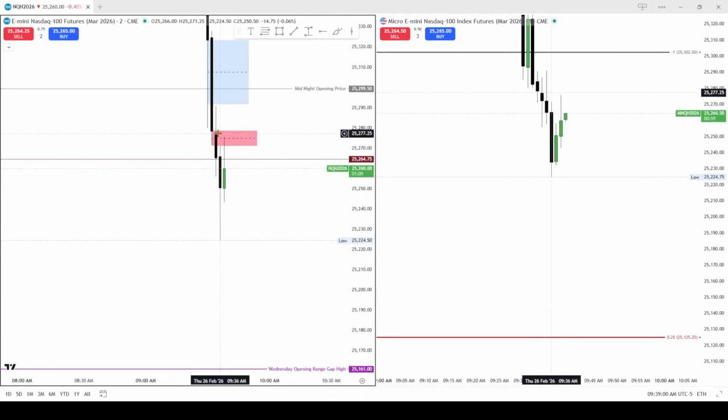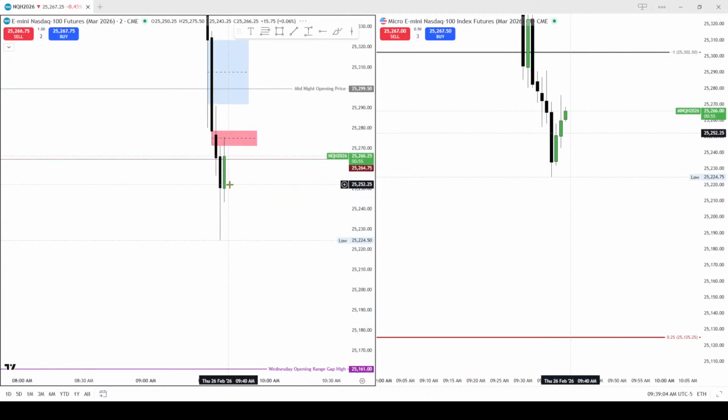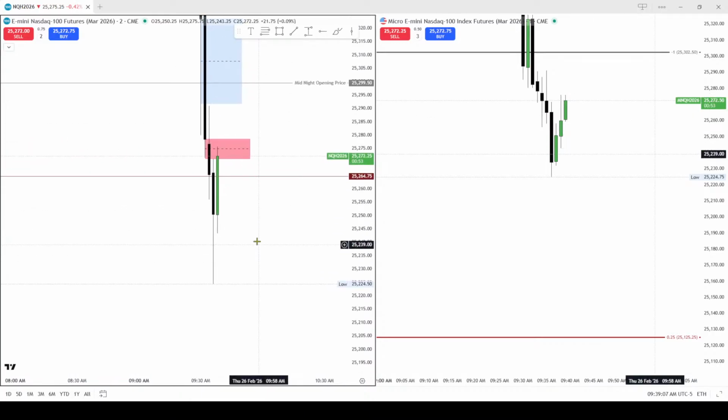So this is this 2-minute fair value gap right here that price traded up into. So let's see how that gap treats price.